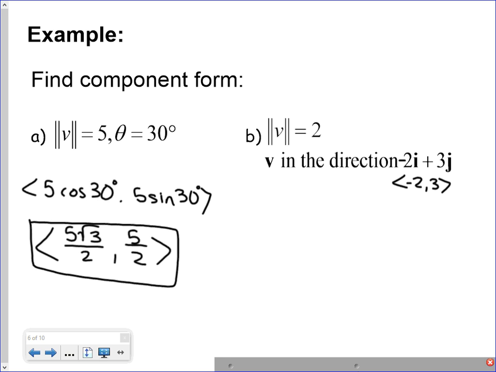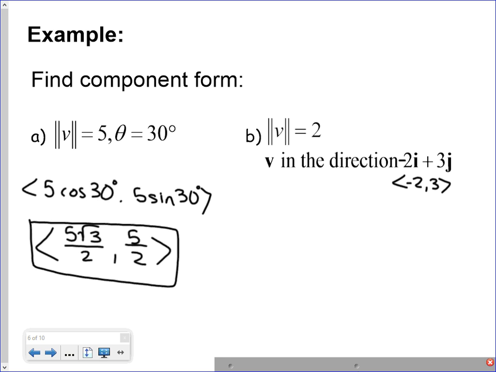No. So you don't really want to set 2 cosine theta equal to negative 2, because v sub 1 isn't negative 2. Otherwise, we could just write it in component form, and there's component form, right? Okay. But I like this idea.